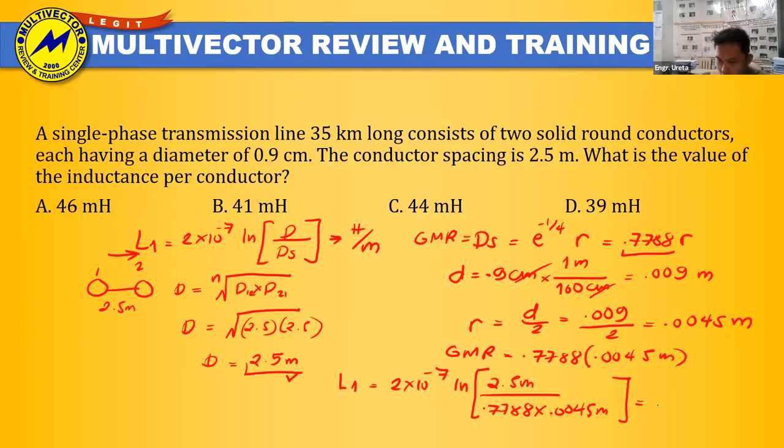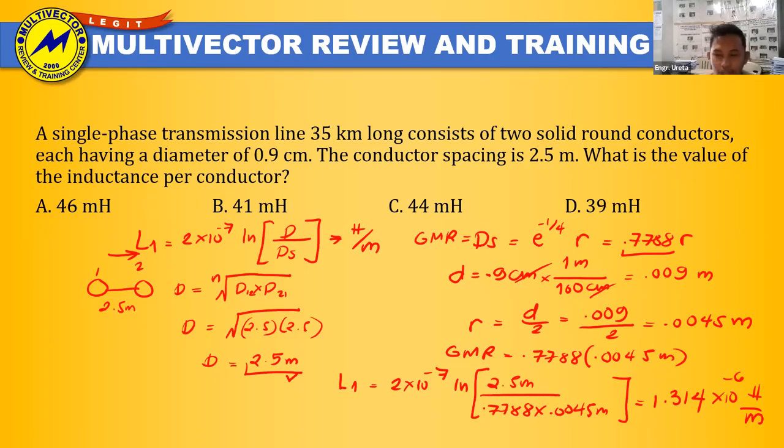So, pag sinolve natin to, 2 times 10 raised to negative 7, ln ng 2.5 all over 0.7788 times 0.0045, ang lalabas is 1.314 times 10 raised to negative 6 Henry per meter.